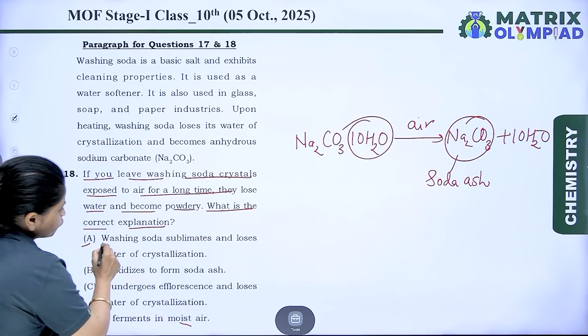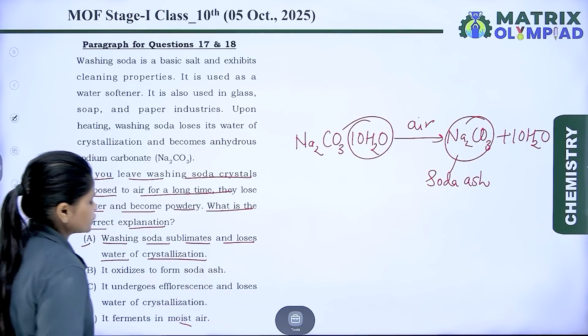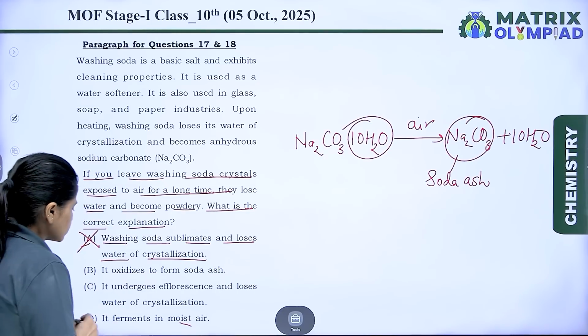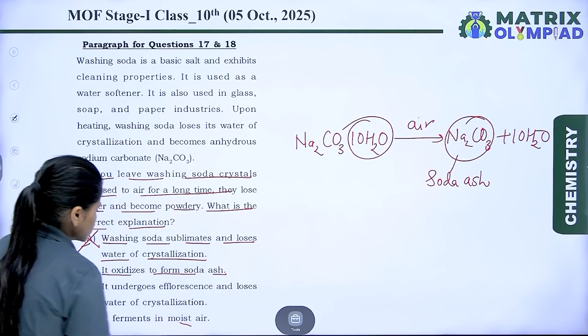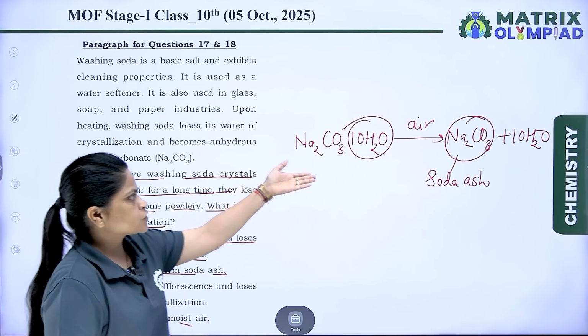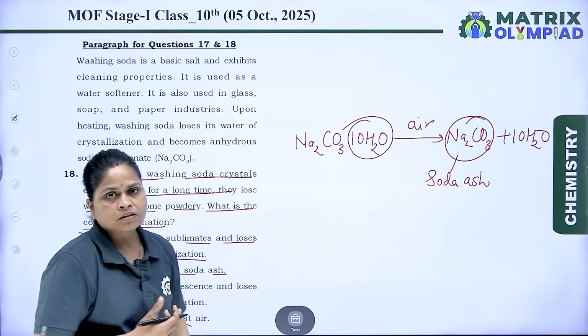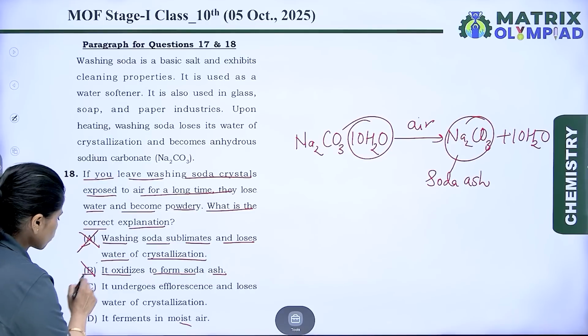Option A is washing soda sublimates and loses water of crystallization. No, washing soda does not sublimate. Next, B, it oxidizes to form soda ash. Here it is not an oxidation reaction because no element changes its oxidation state, so it is also wrong.